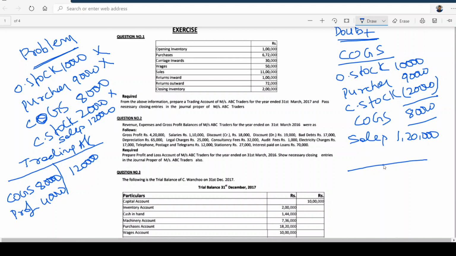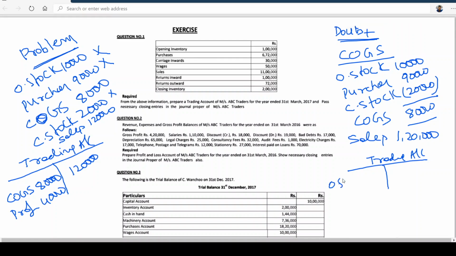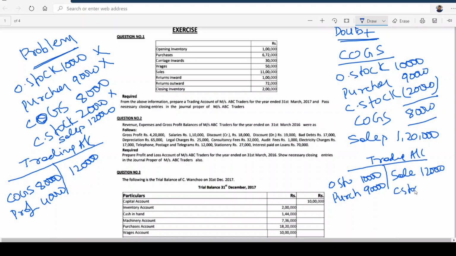Trading account I open. Opening stock 10, purchases 90, then sales 120, closing stock 20.